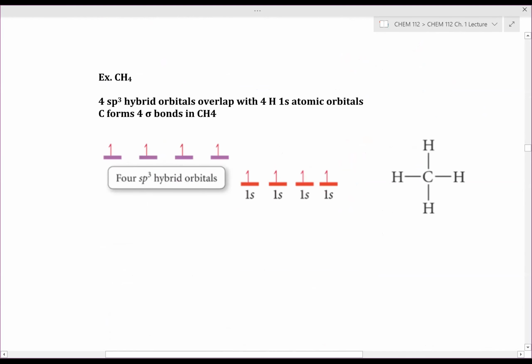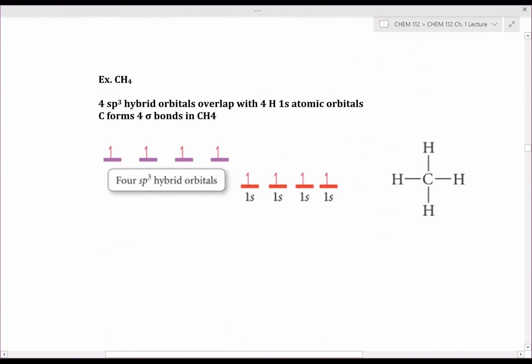So as our first example, let's take a look at methane and let's try to fully describe the bonding in methane. So we've already hybridized our carbon atom and we formed 4 hybrid orbitals. So what I'm first going to do is draw out my hybrid orbitals.